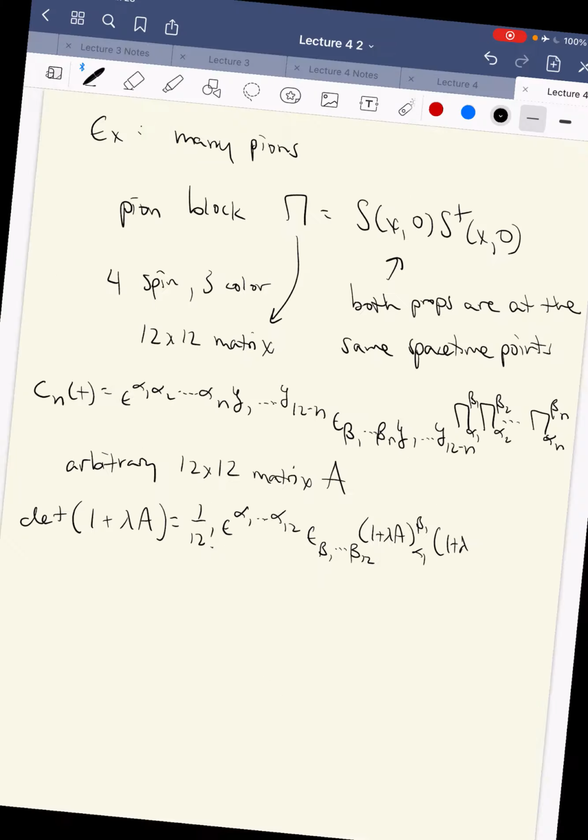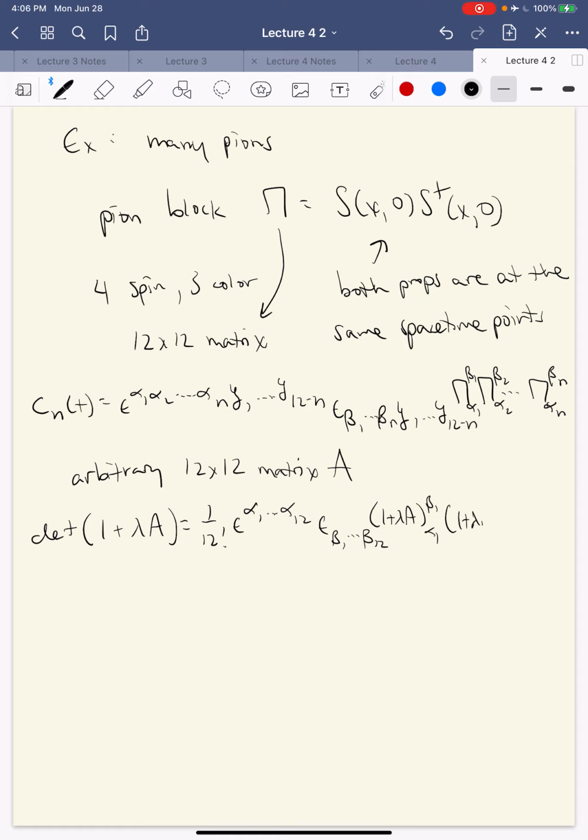Okay, and then this runs up to 12. So this is the generalized expression for a determinant of a 12 by 12 matrix.